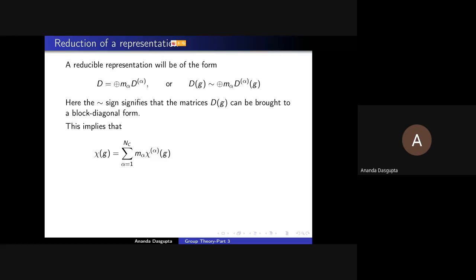So if you have these small blocks which are all sitting right across the diagonal, then the full diagonal is made out of the diagonals of these. So if you want the trace of that matrix, at least in the block diagonal form, you will simply get the character of the alpha irrep times how many times that irrep occurs. Is this clear to everybody?